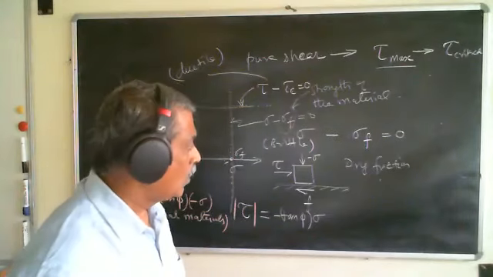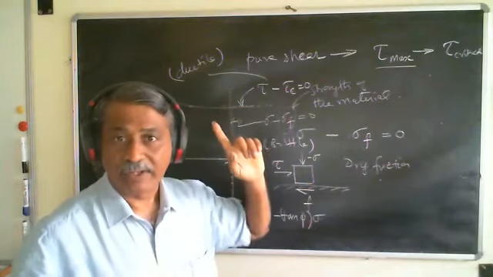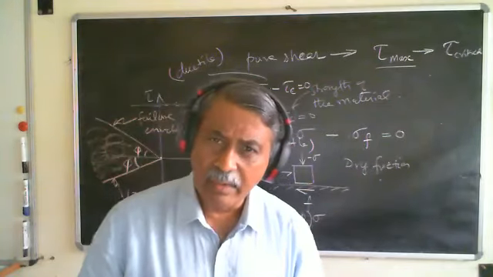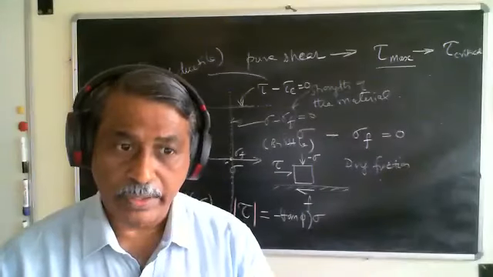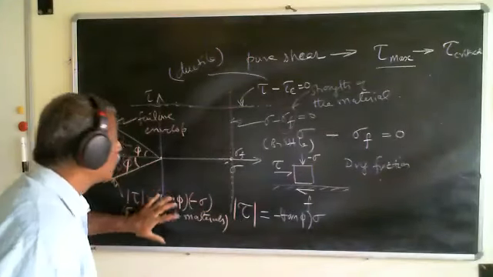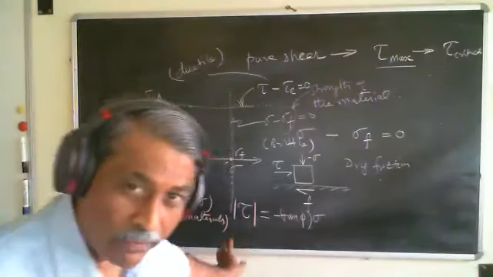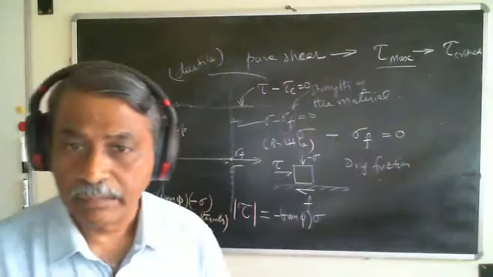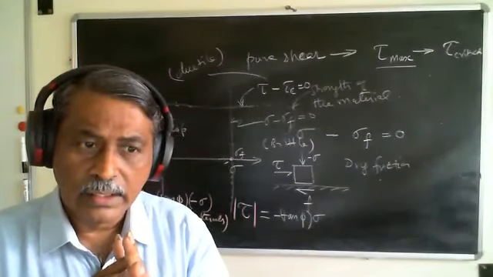In other words, if this is dry friction, this is wet friction. In any real material, it is possible that we have both of them participating, not only dry frictional or only wet frictional. Both will participate. So far, good. Is understanding okay?